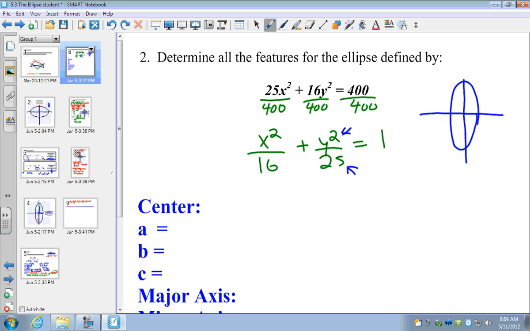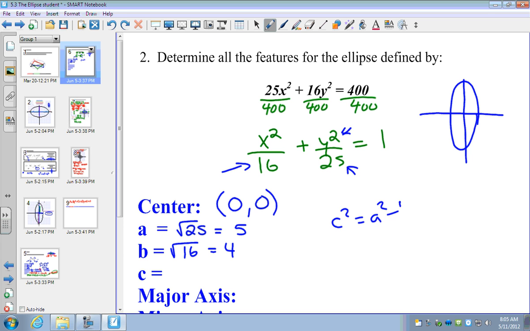It looks like that. Okay, so my center, again, I don't have any x minuses or anything, so my center is still 0, 0. My a is going to be the square root of 25, which is equal to 5. My b is going to be the square root of 16, which is 4. And to find c, remember I say c squared is equal to a squared minus b squared.